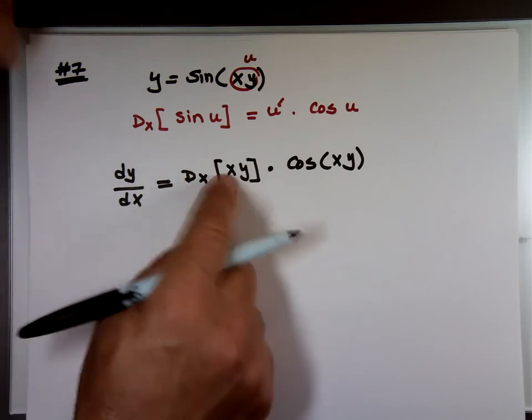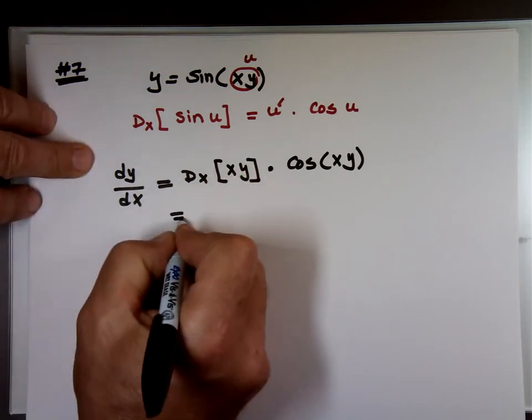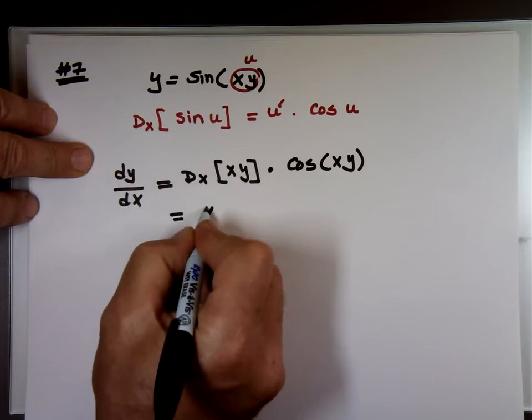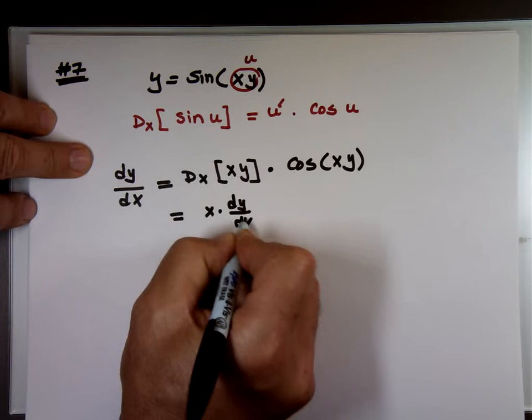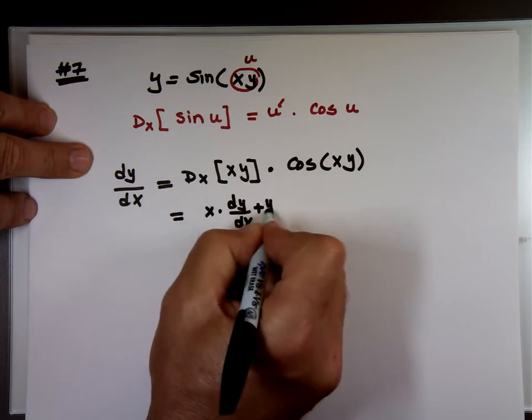What's the derivative of xy? We just did that. That's the product rule. The first times the derivative of the second plus the second times the derivative of the first.